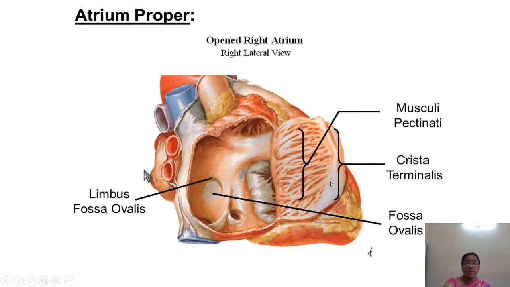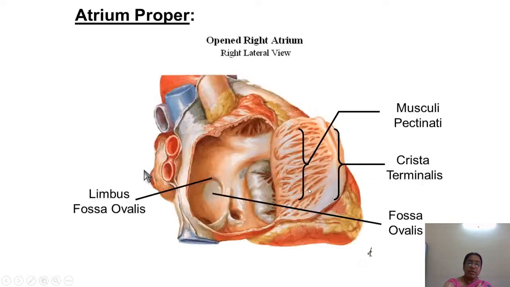If you remember, when we studied the external features, we mentioned a sulcus called the sulcus terminalis. When you open it inside, this is called the crista terminalis. From the crista terminalis, there are comb-like structures, like a tooth comb, on which you comb the hair.